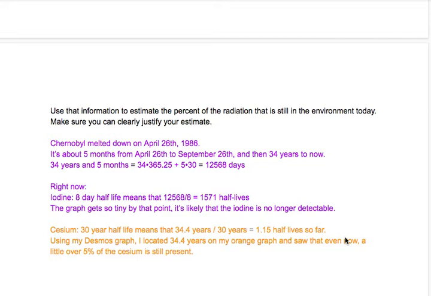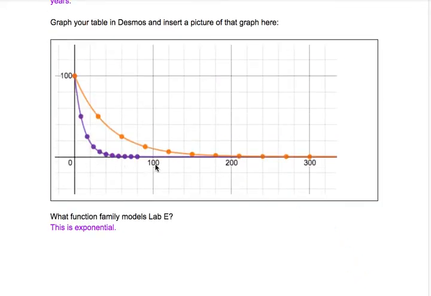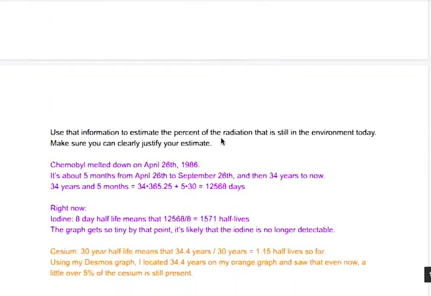If I look at the graph, 34.4 years, let's see, so that's 100. It looks like it's counting by 20, so 20, 40, 60, 80. That's on iodine would be if this were days, but for cesium, this is years. We're up here. That's interesting. So 34 years.